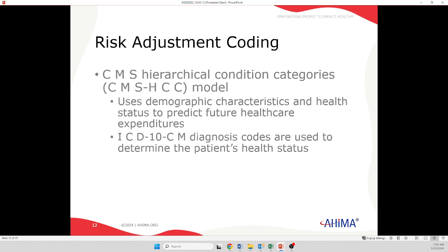There are some principles listed on 73 that go along with how we create the models and how they create that risk schedule. Don't get too hung up in that. Most of that is done with a computer. We don't do a whole lot with that. Do know that it primarily uses ICD-10-CM.